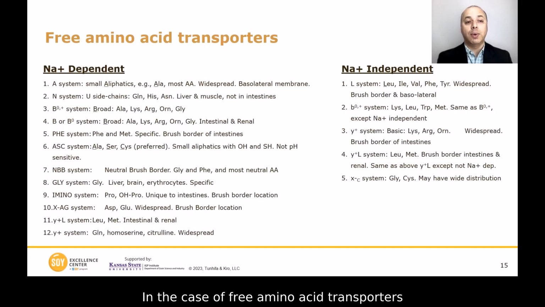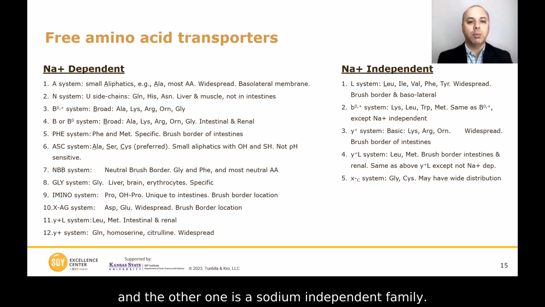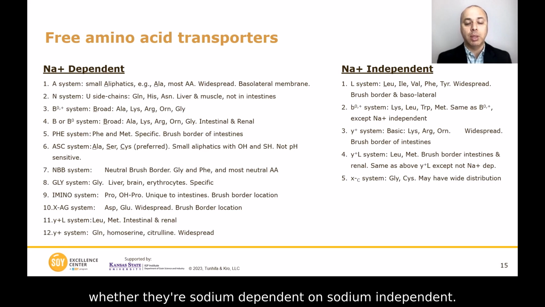In the case of free amino acid transporters, we have two great families. One is a sodium-dependent family, and the other one is a sodium-independent family. You have all the different systems, whether they're sodium-dependent or sodium-independent.